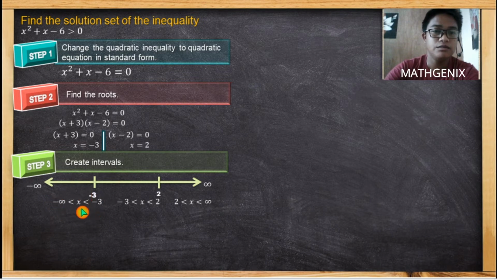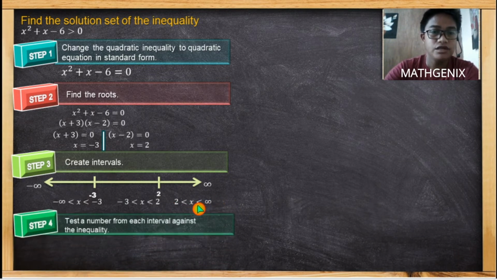So anong ibig sabihin nito? Kukuha tayo ng value or magte-test tayo ng value na less than kay negative 3, in between kay negative 3 and 2, tapos greater than kay 2.